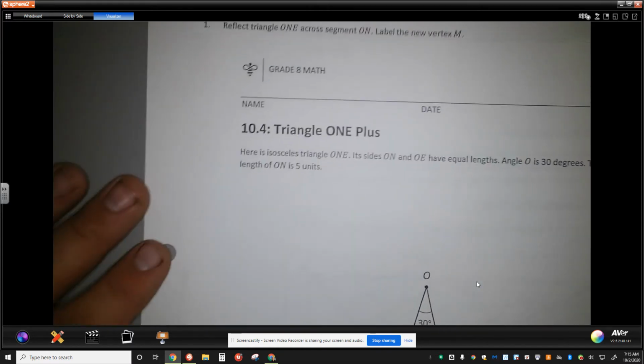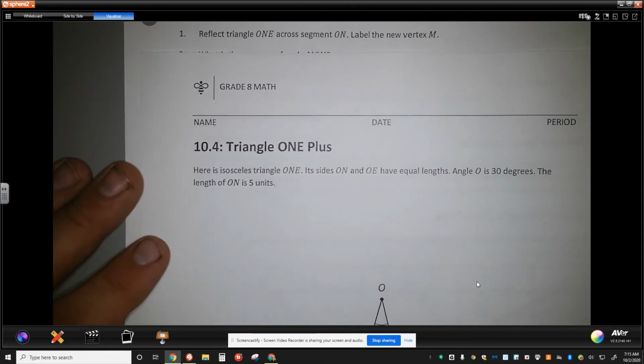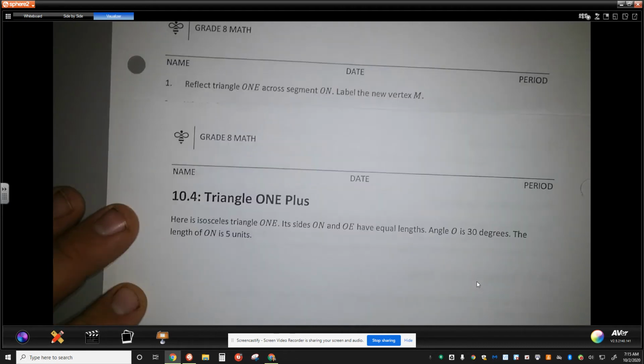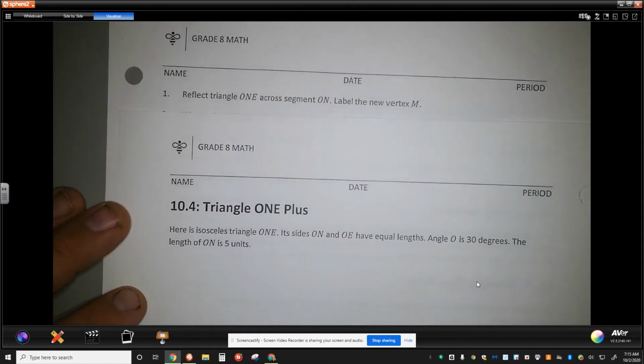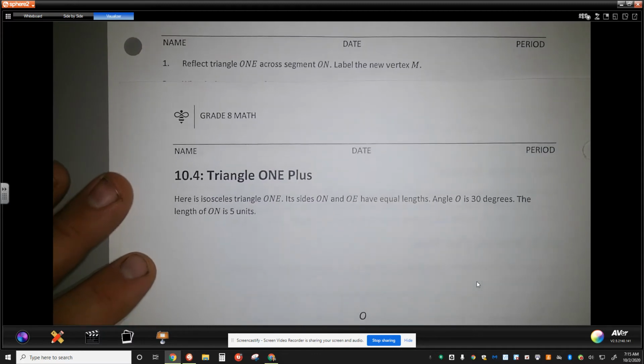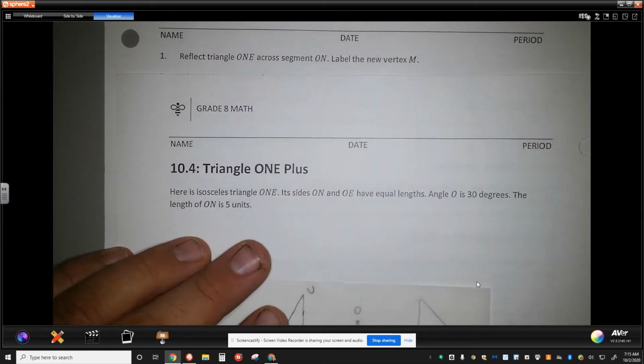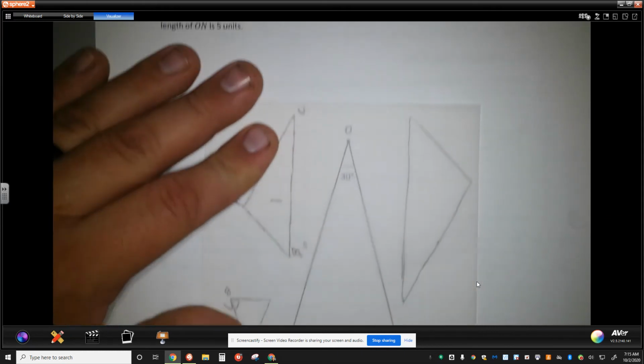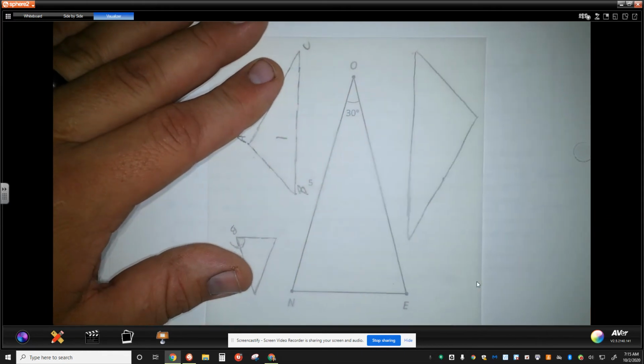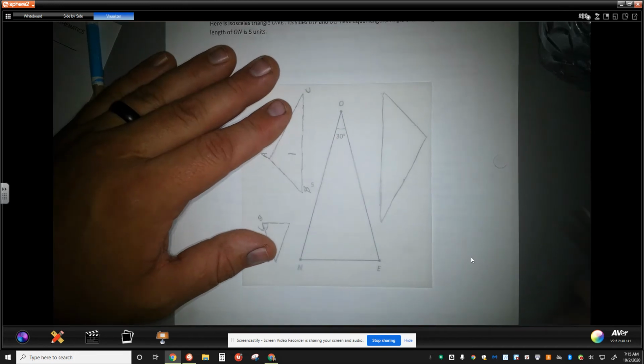On the next page, it says reflect triangle ONE across segment ON and label the new vertex M. Let's see if I can do this with this paper. No, I have to get a new one. So I'm going to go ahead and reflect. I'm going to zoom out just a little bit here since this is so big.